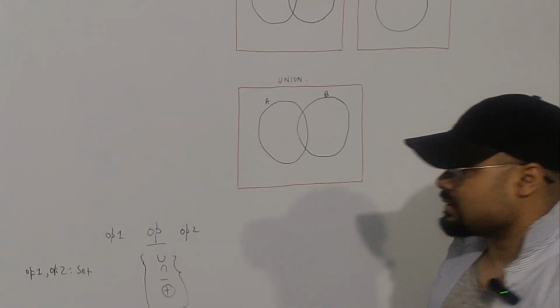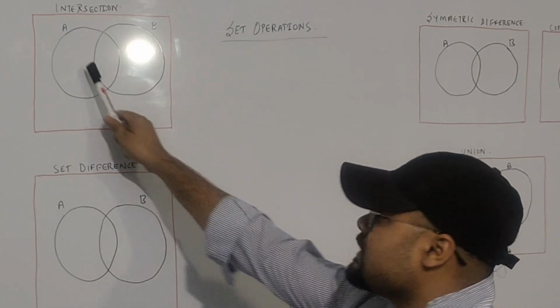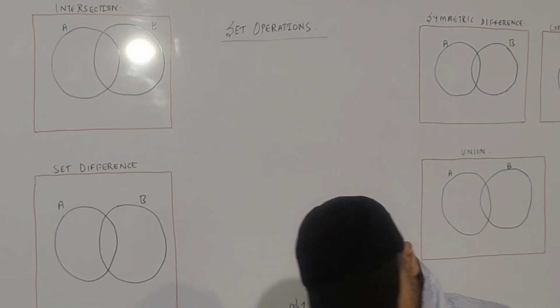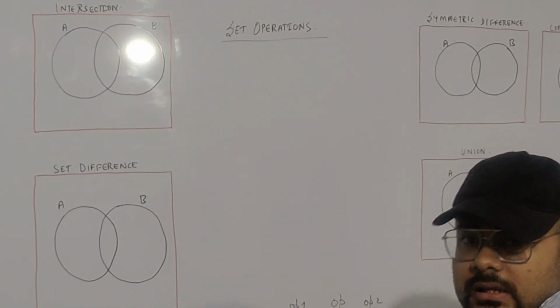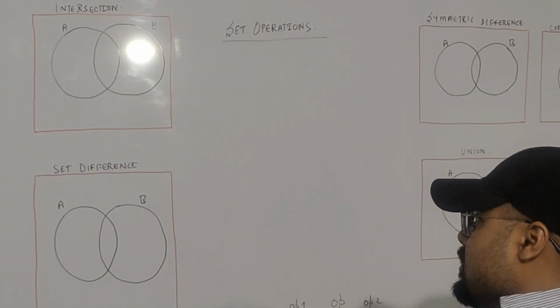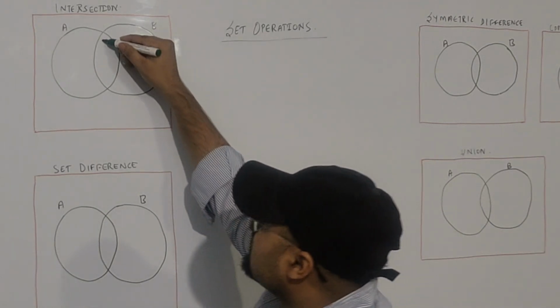Okay, let's start with intersection first. These are two sets, A and B. Intersection means that it will return a set that has elements which belong to this region.